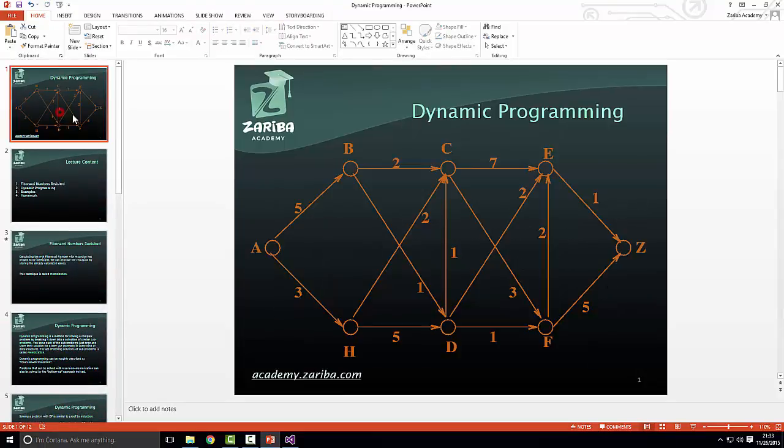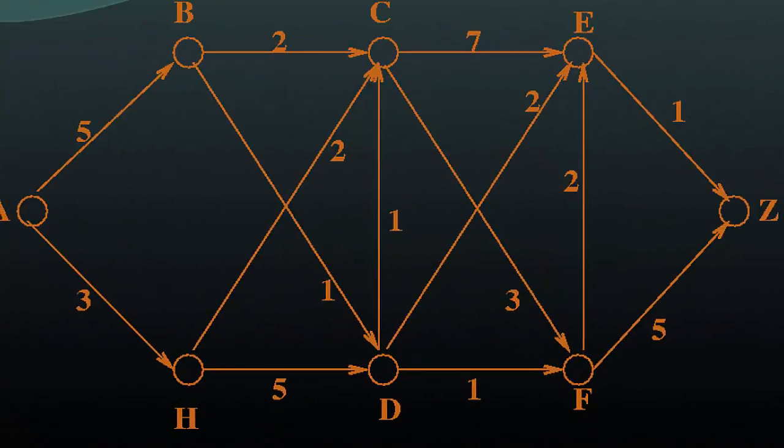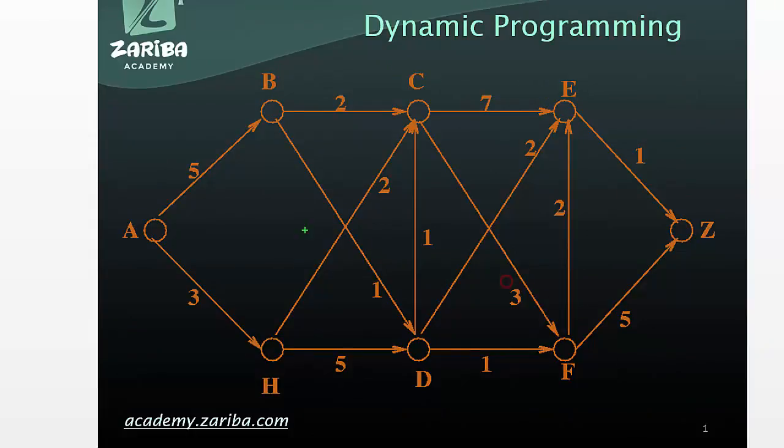And let's try and solve this one. So what's the shortest path from A to Z? Okay, and we have to solve this with dynamic programming. I'll give you a couple of minutes to think about it, but it's easier than the last couple of problems that we did. So you just have to think on this one.